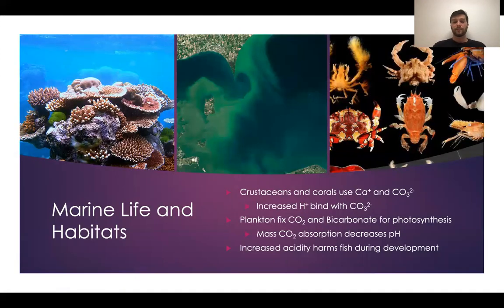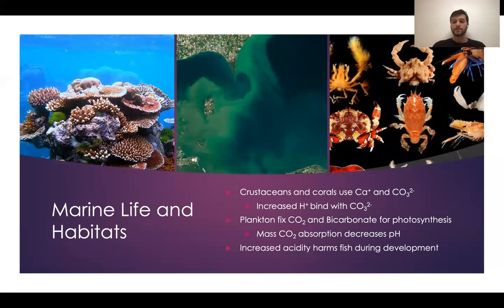So let's talk more about marine life and habitats. Crustaceans and corals use carbonate, which we mentioned earlier is a base that counteracts the carbonic acid. They use this carbonate to make their shells. They fix calcium with the carbonate to create a hard structure that supports and protects their bodies.